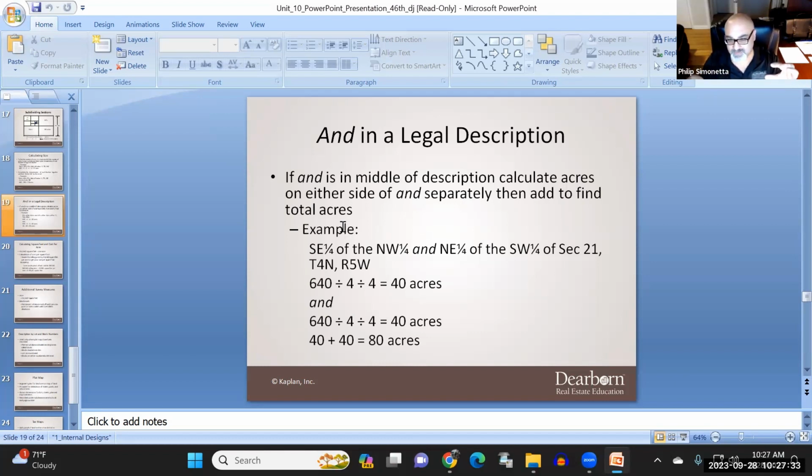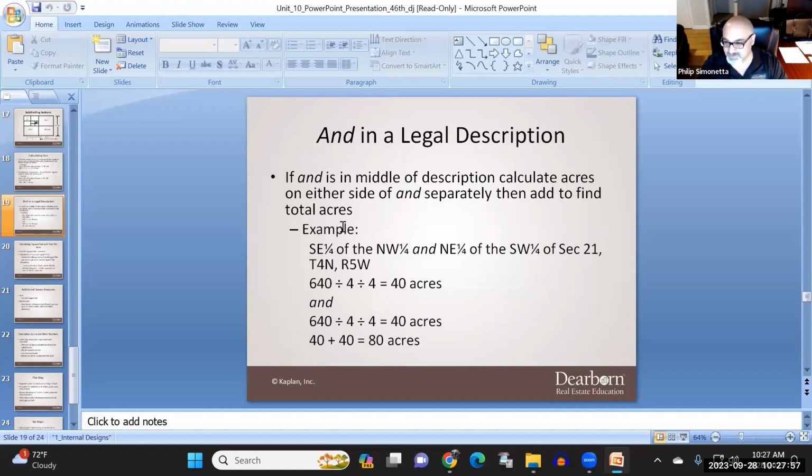It makes them two problems. Then you have to add them to find the acres. So an example is, if you have the southeast quarter of the northwest quarter and the northeast quarter of the southwest quarter of section 21 T4N R5W, that "and" makes it two problems that have to be added together. If there was no "and," it's just one calculation.